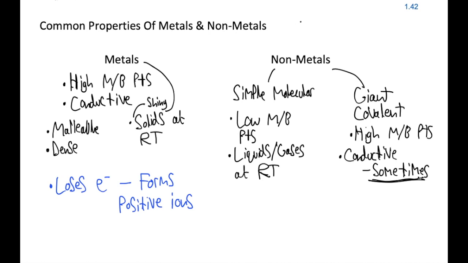So structures like graphite, which does have a very high melting and boiling point, and is conductive. It's quite similar to metals in that respect.